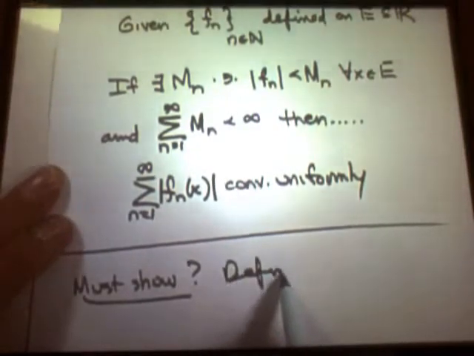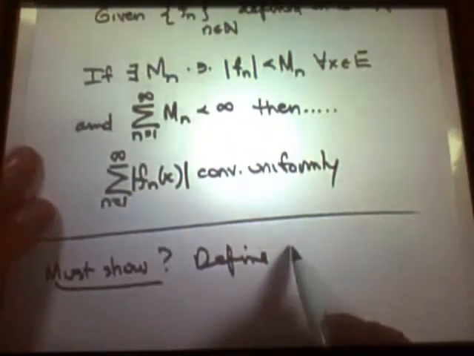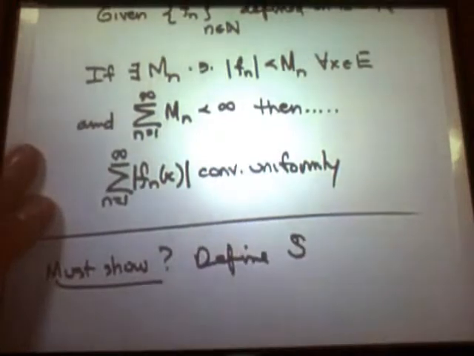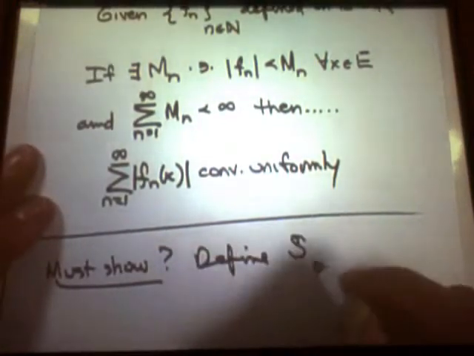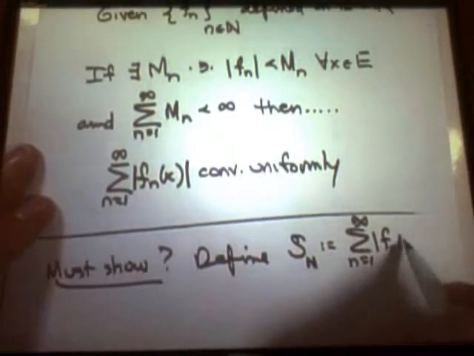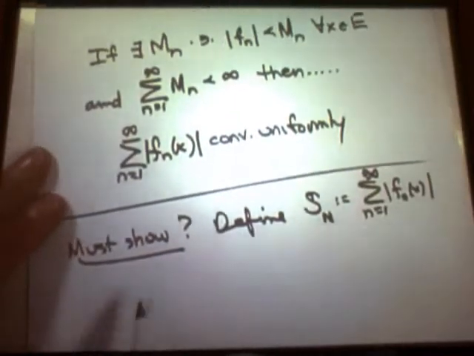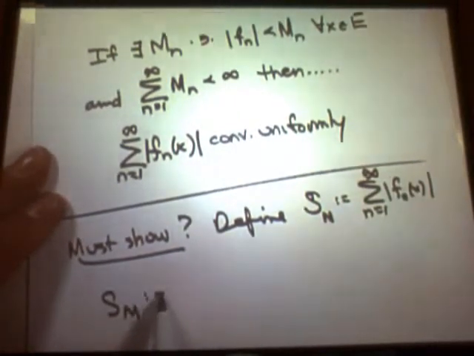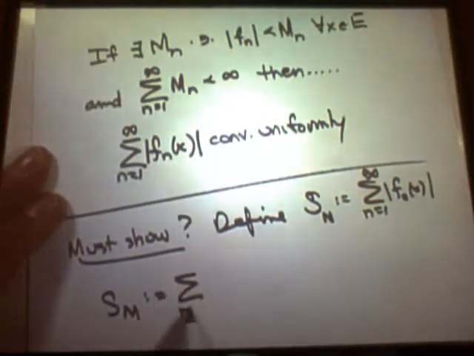Define the sum up to capital N. So S_N is this sum. And S_M is this sum.